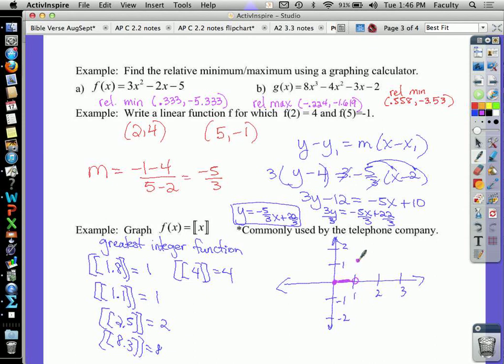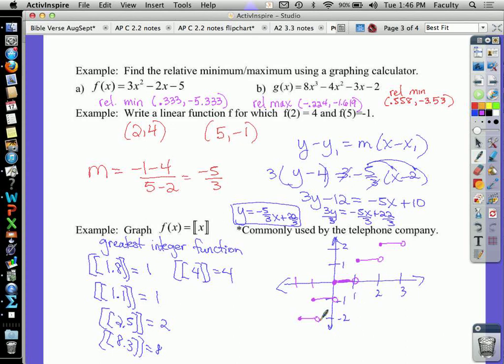When I hit 1, it jumps. Sometimes we refer to this as a step function. Like so, okay? So it looks like stair steps.